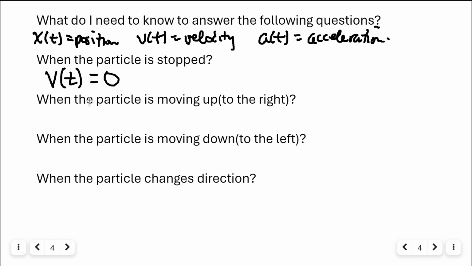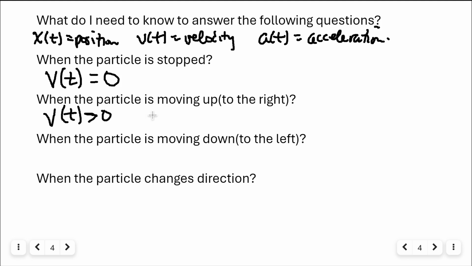Okay. When is the particle moving up or to the right? So it could be either way. It can be written either way. It could say, when is the particle going up, or when is the particle moving to the right? Either way, they mean the same thing. One is just in terms of the x-axis. The other is in terms of the y-axis. But the concept is the same. To figure out when the particle is moving up or to the right, you need to know when the velocity function is positive, right?